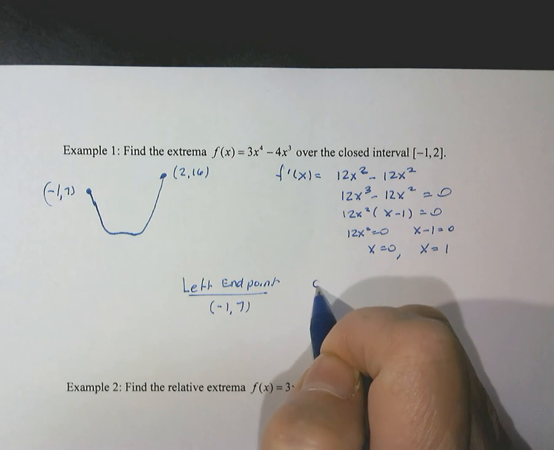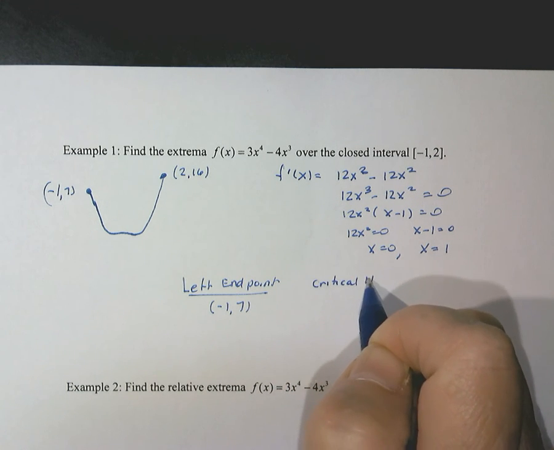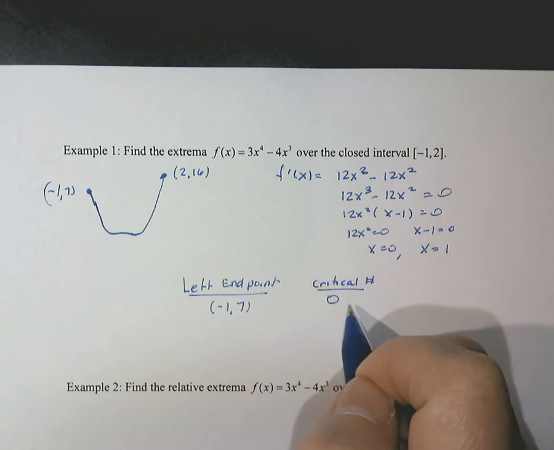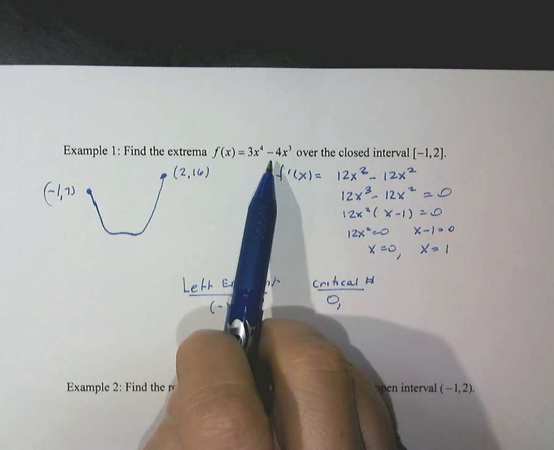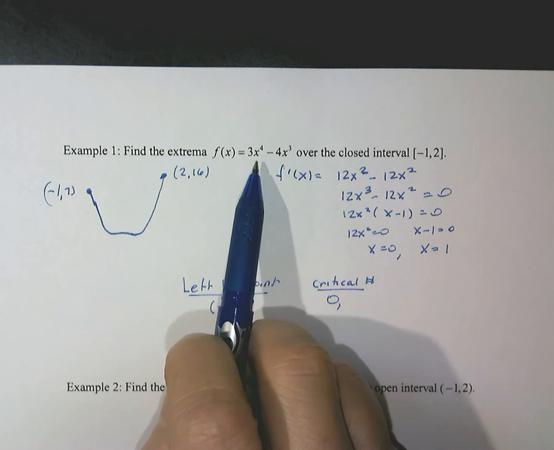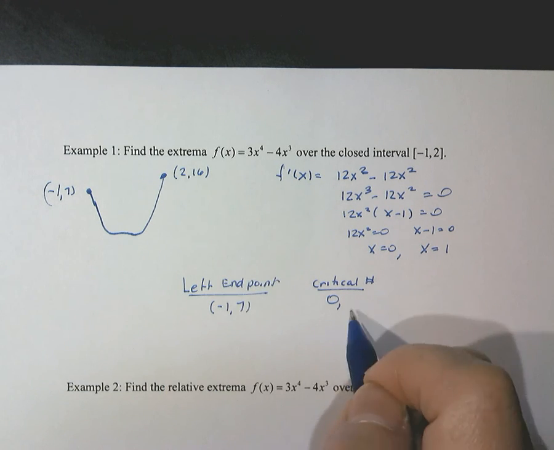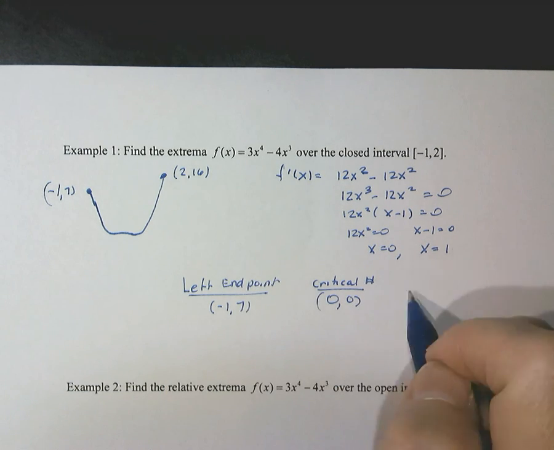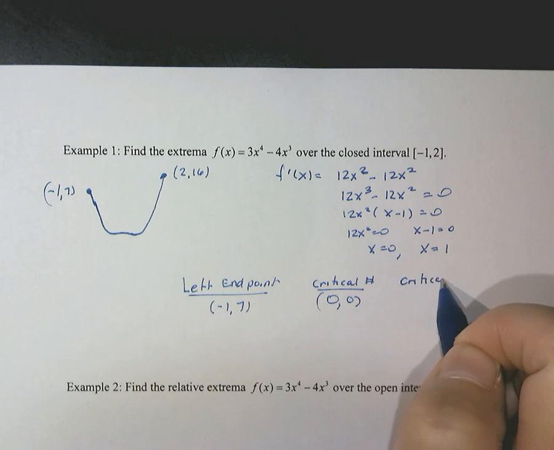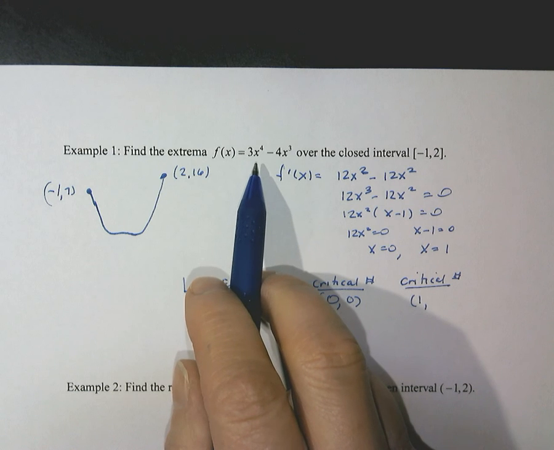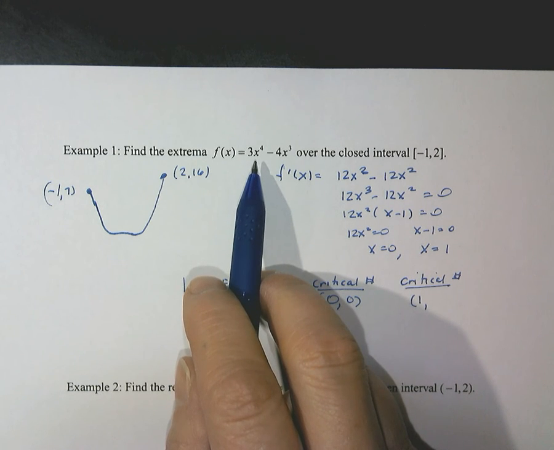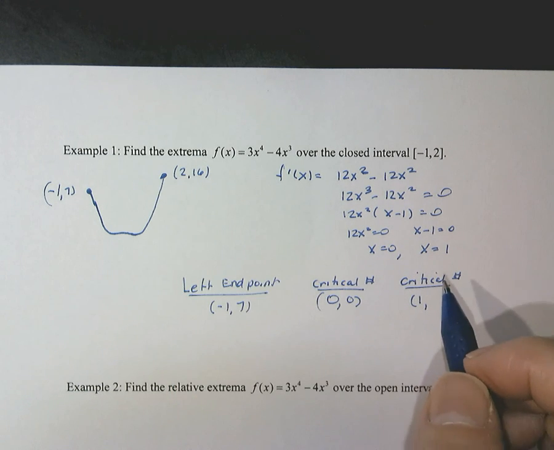Then I check my critical number 0. This is where I have to put it back into the original function. Don't put it back into your derivative, put it into your original function. So 0 goes in here and I get the point 0, 0. Then I check the critical number 1. 1 goes into the original function. So f of 1 is 3 minus 4, which gives me -1.